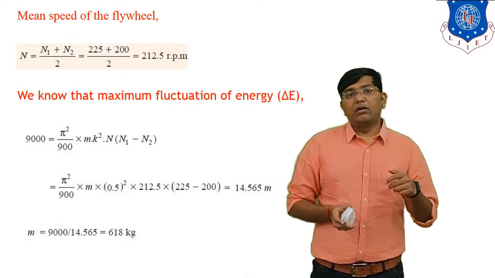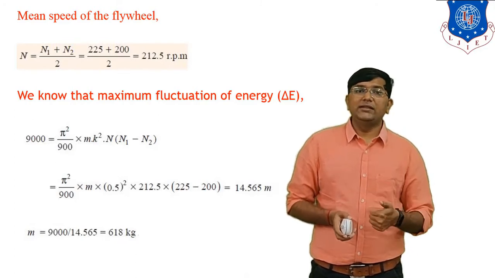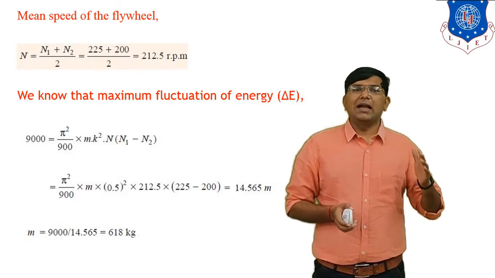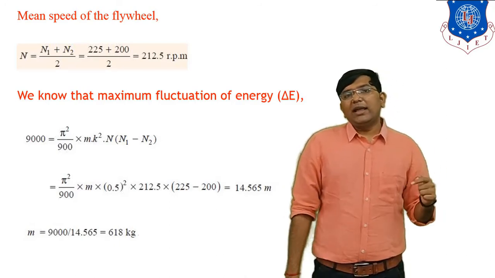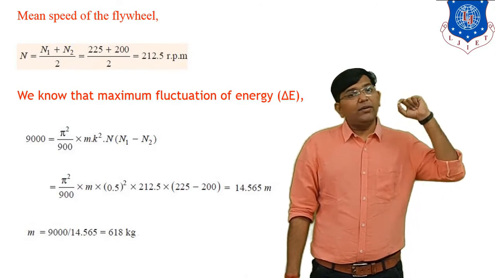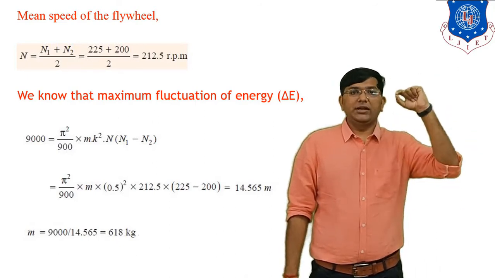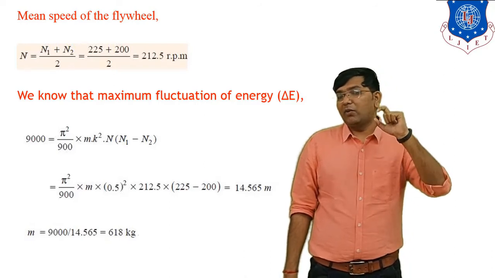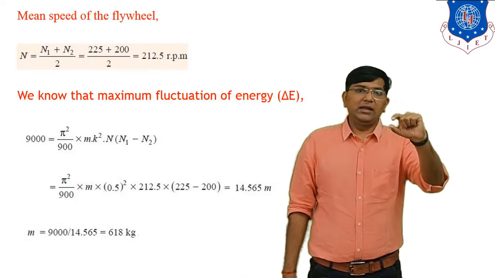Now you all know, I will explain once again, that there are two types of energy. The first energy is E1, the second energy is E2. E1 indicates the energy required for one punching operation. Clear? And E2 means the energy required for actual punching. Clear?